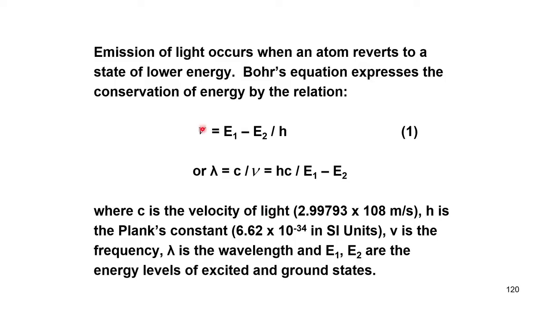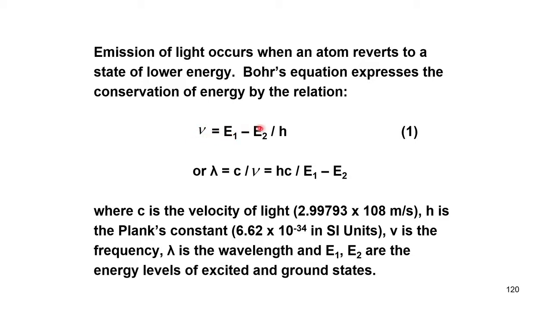So, from higher to lower energy there is emission, lower to higher energy it absorbs the radiation. Bohr's expression expresses the conservation of energy by a simple relation, that is E2 minus E1 is equal to h nu.